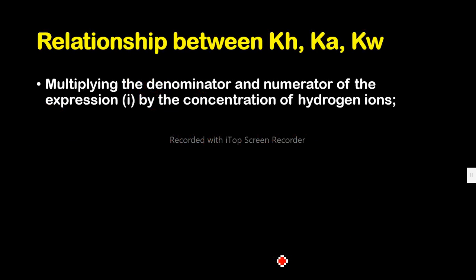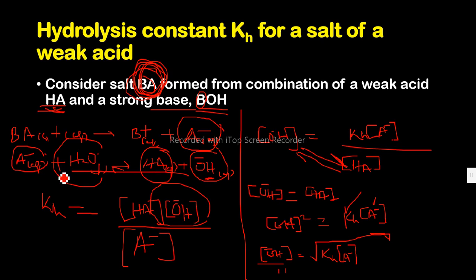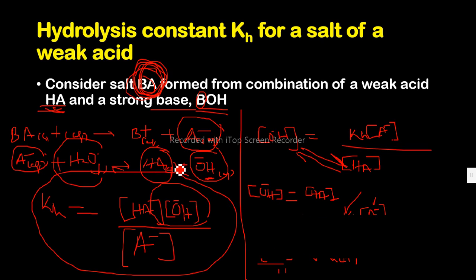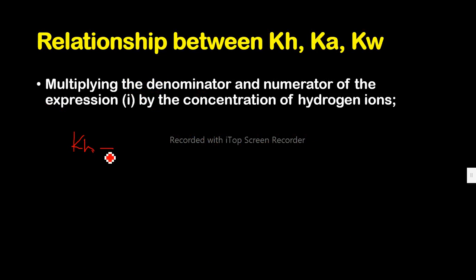Now the relationship between KH, Ka, and Kw. From the expression that we have for KH, this very expression, KH is equal to the concentration of undissociated acid times the concentration of OH ions that are produced, everything divided by the concentration of the base, the A minus ion.